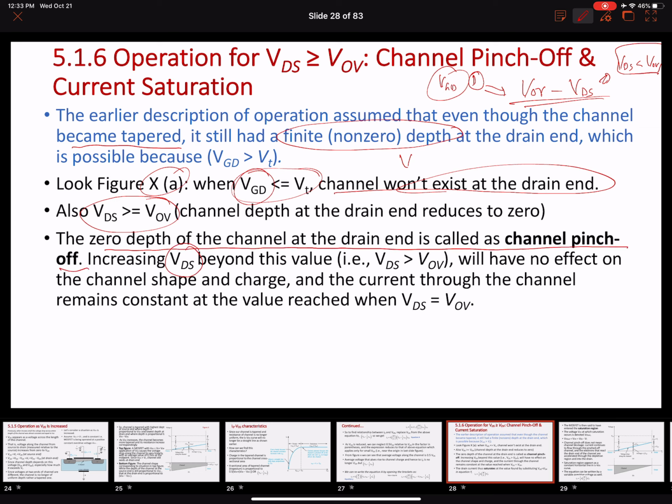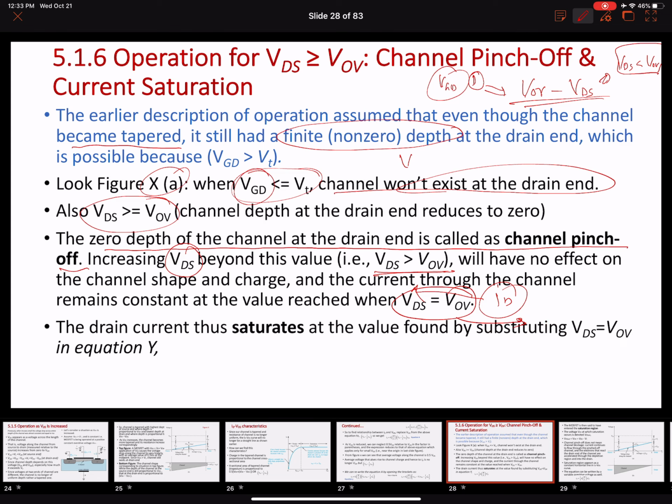If we increase VDS beyond this value, it will have no effect on the channel shape or size, and the current will be constant. The ID flowing through the channel will stay at whatever value was reached at this point. So this is the point of transition from triode to the saturation region, where the current saturates at this value.